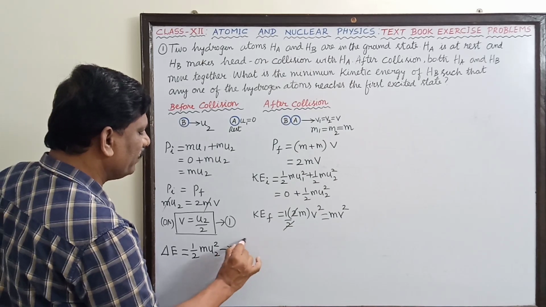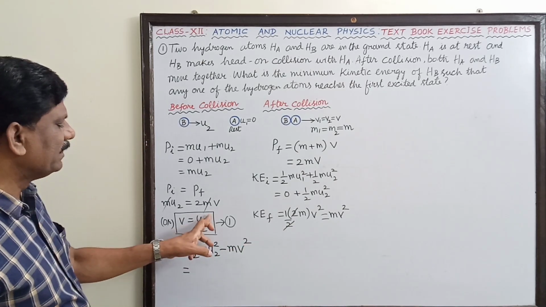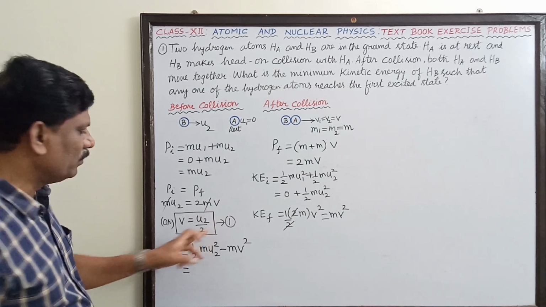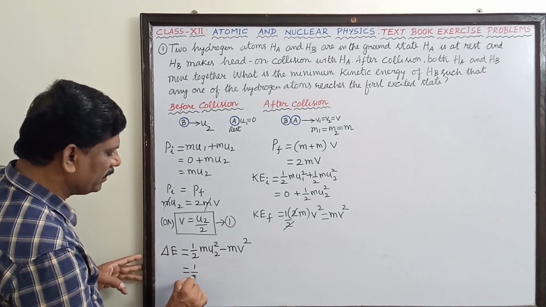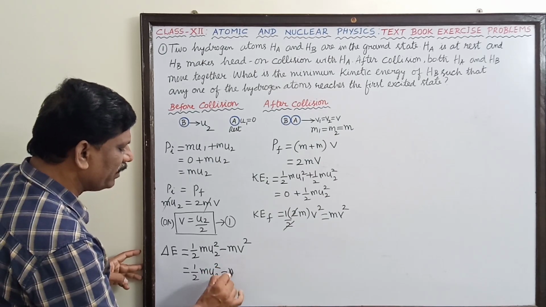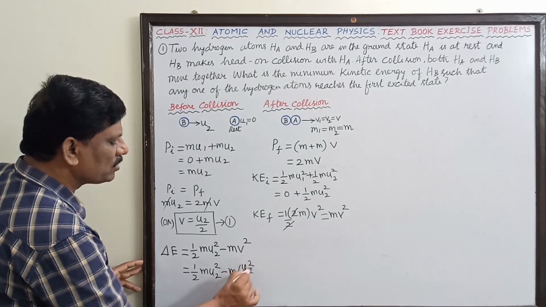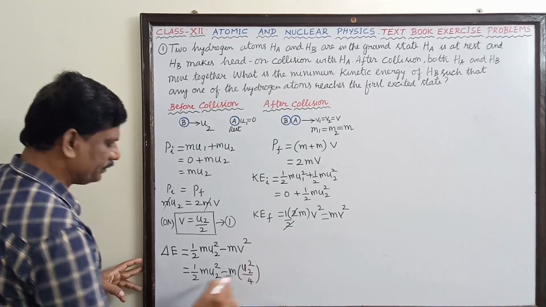Now for v, I am going to represent in terms of u2. So the first term is half m u2 square minus half m into (u2 by 2) whole square. So this is u2 square divided by 4.